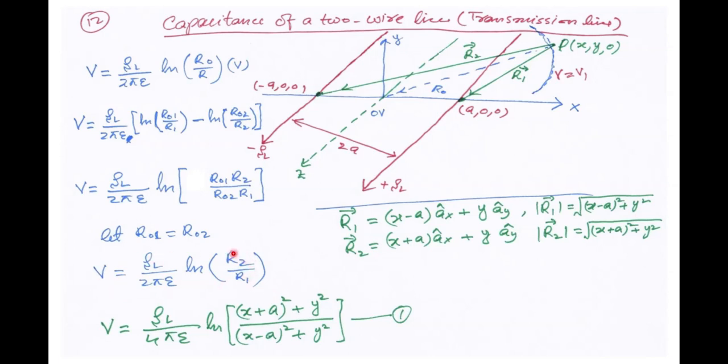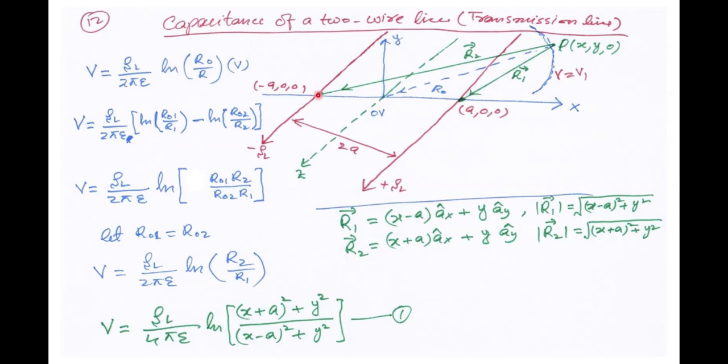Now let us represent R2 and R1 in a rectangular coordinate system. R1 vector equals x minus a times ax unit vector plus y times ay unit vector. The magnitude of R1 equals square root of x minus a whole square plus y square, and similarly the magnitude of R2 is square root of x plus a whole square plus y square.